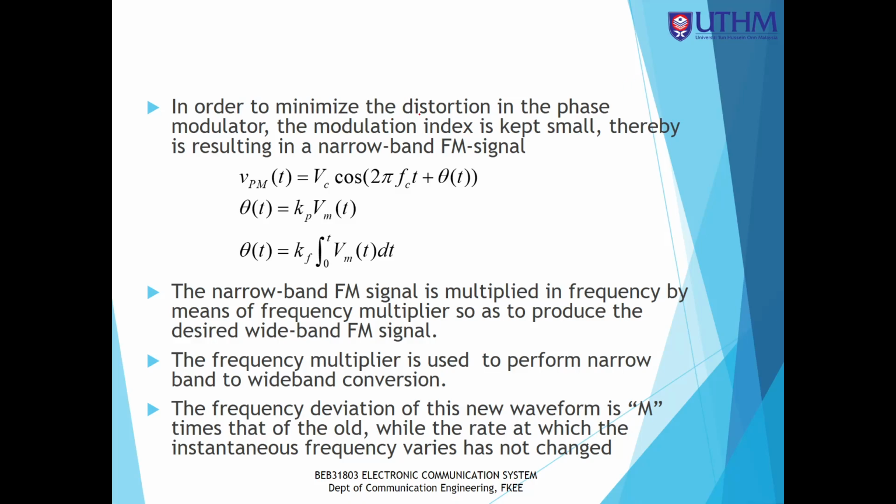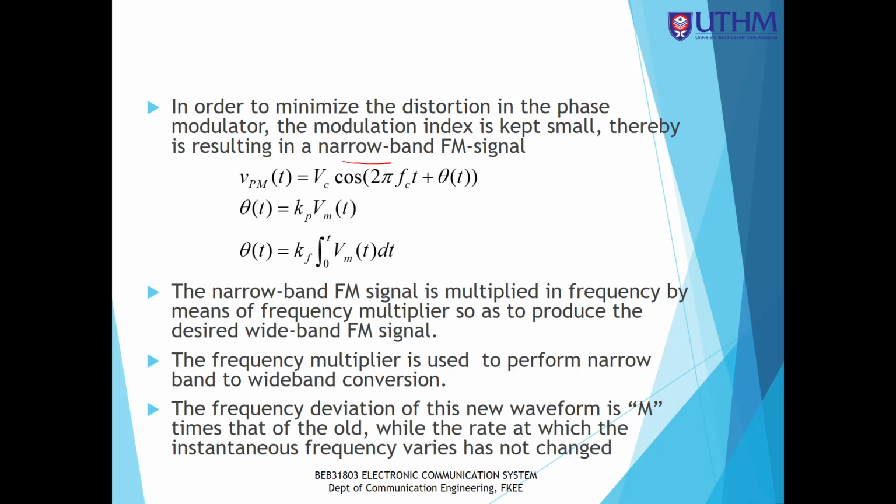In order to minimize the distortion in the phase modulator, the modulation index is kept small, thereby resulting in narrowband FM. So what we produce is actually a narrowband FM signal. We do the process of phase modulation, and we actually produce the narrowband FM.